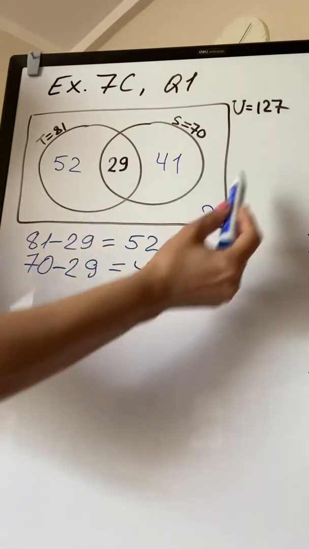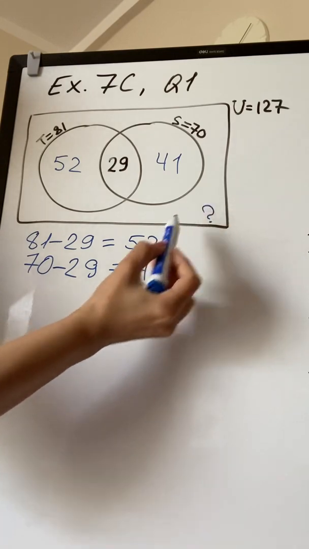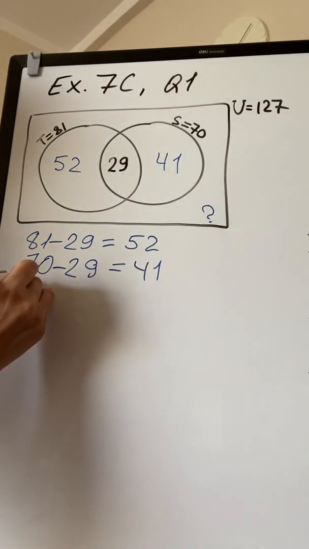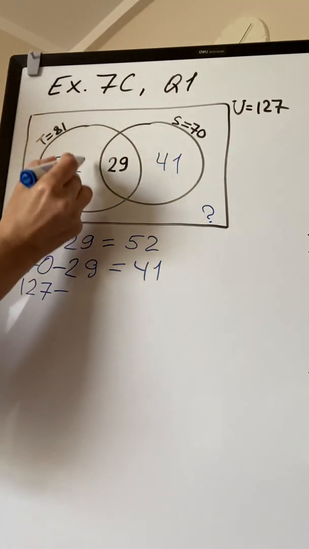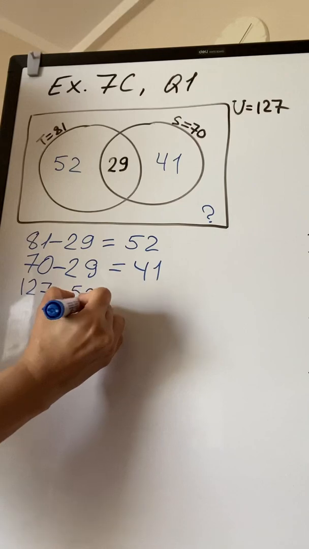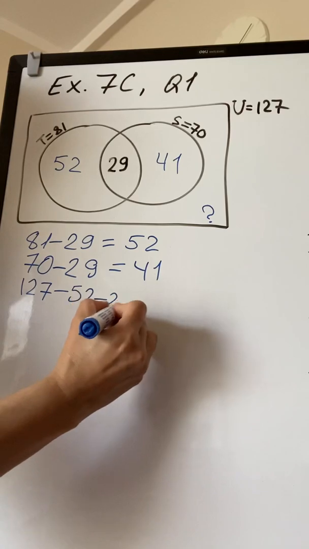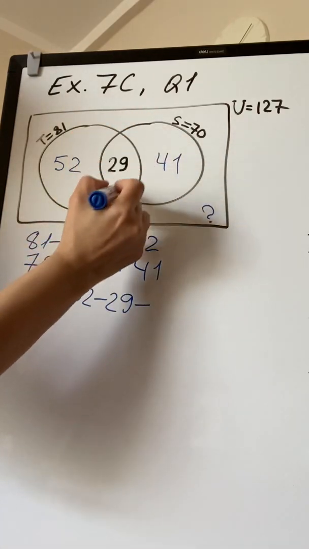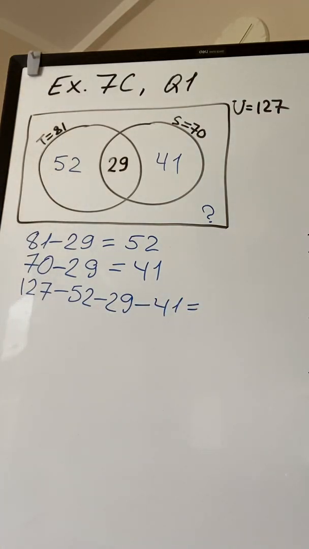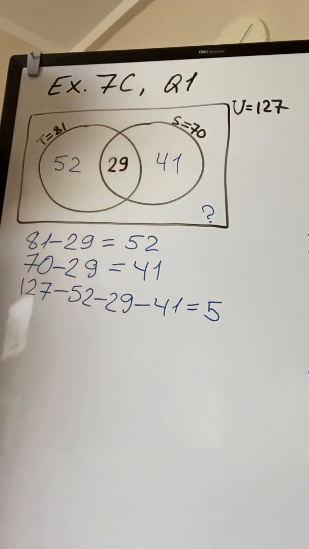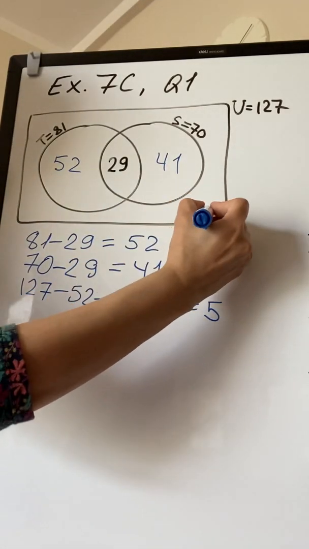So all of it minus what we already know. So 127 minus tablet users only, 52, minus tablet and smartphone users together, 29, and minus smartphone users exclusively, 41. And that gives us 5. So I'm going to erase that now and put 5.